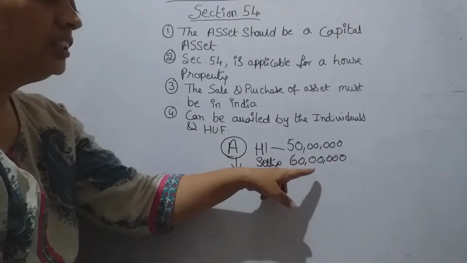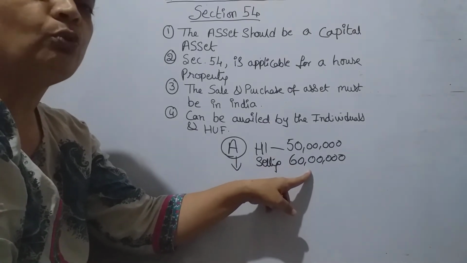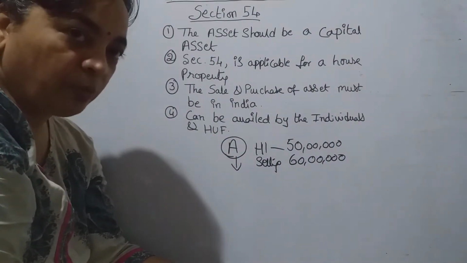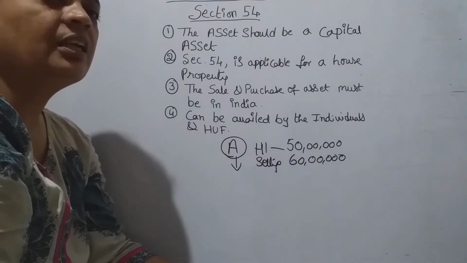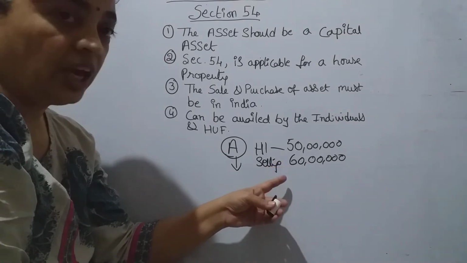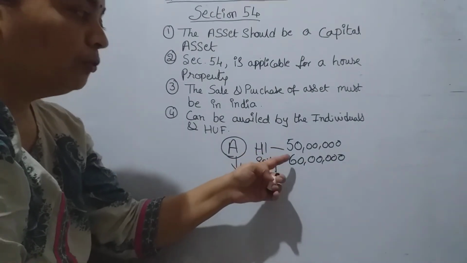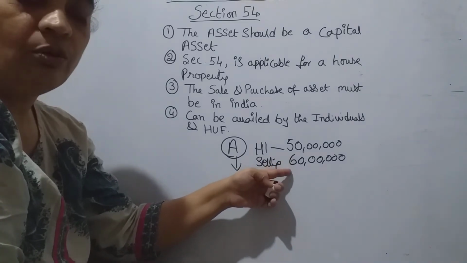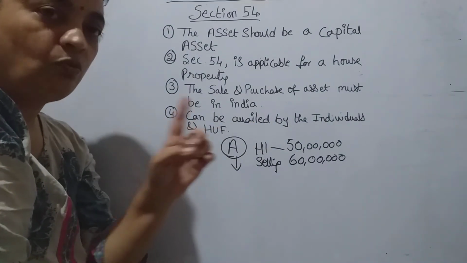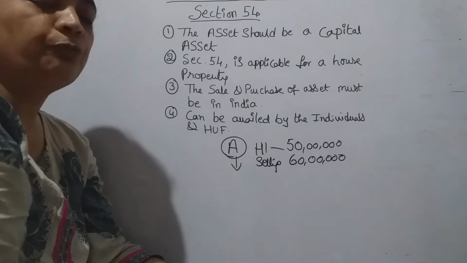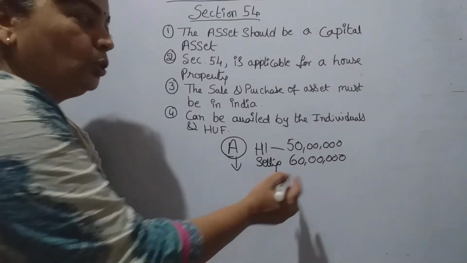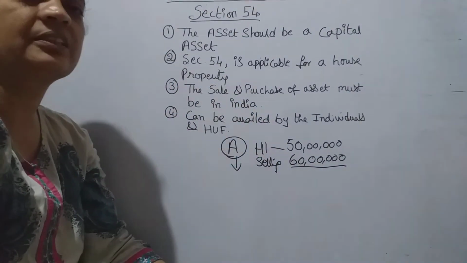With this 60 lakhs, if you purchase a property again within 2 years from the date of sale, or within 1 year before the selling date, if you purchase any property with this value, then the total amount is exempted from tax.